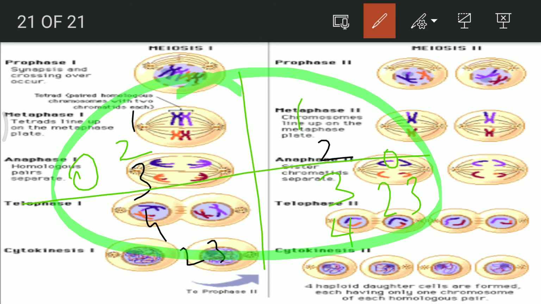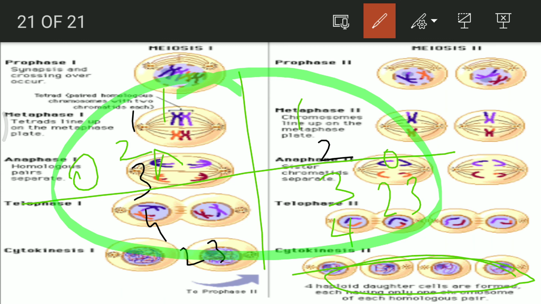When it divides for the second time, half of these 23 full-fledged chromosomes will move towards one pole, another half towards another pole, and as an end product of meiosis, 4 haploid cells will be formed, and that is the end of meiosis 2.